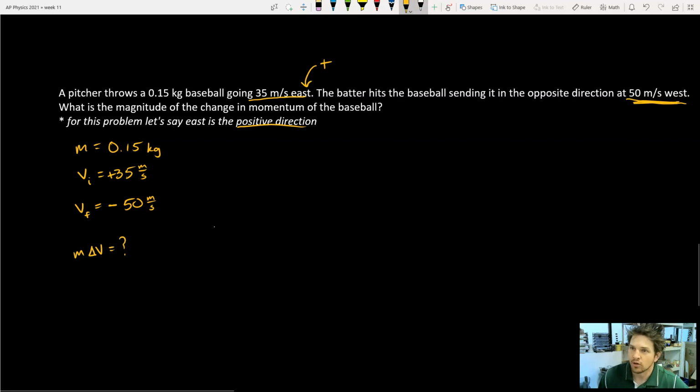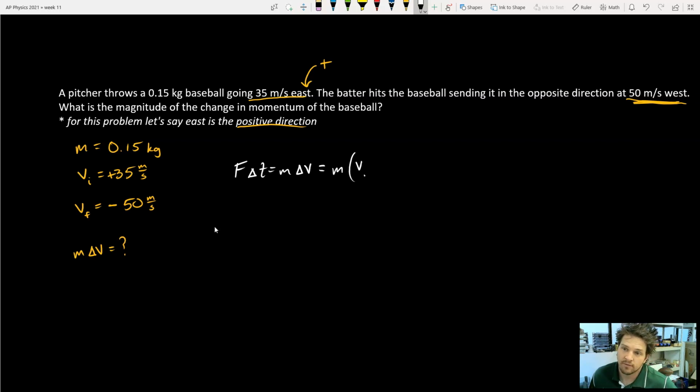All right? So very similar to the last problem, just now the velocity changing is a little bit different. So we could start with impulse momentum. And then you could realize, oh, I don't have any forces or times, but I do know how much the velocity changes. So we just keep on going, right? That's a final velocity minus the initial velocity.